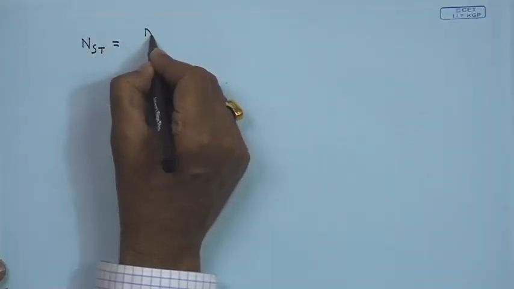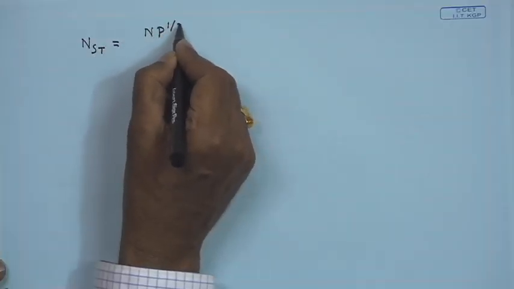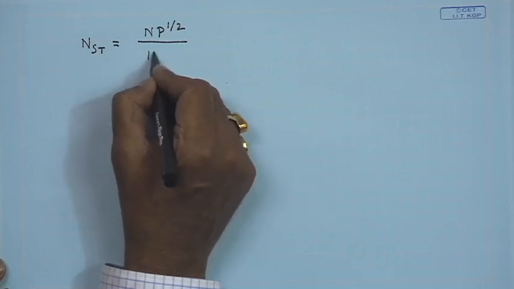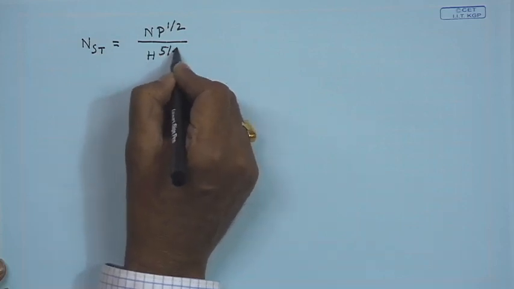Okay. Now, next we will derive the expression of specific speed of such a runner. Similar way as we did for Pelton wheel, specific speed for the turbine, let us write as n P to the power half, h to the power 5 by 4.